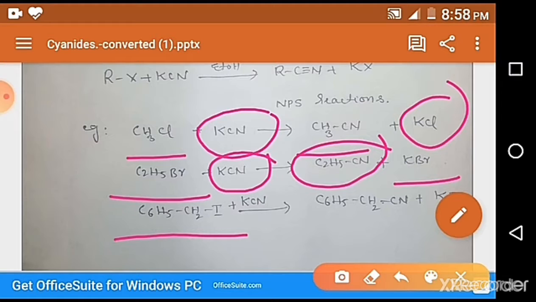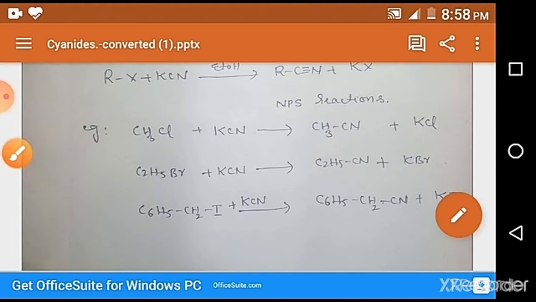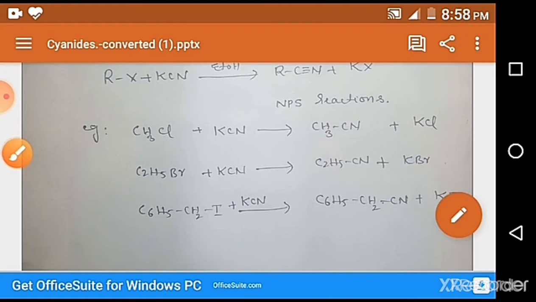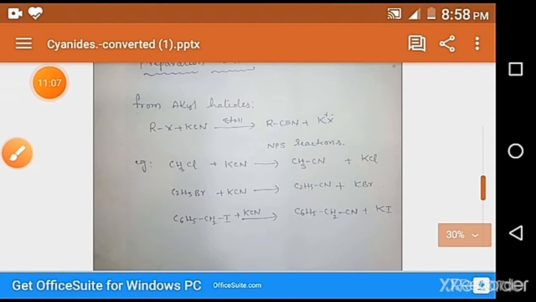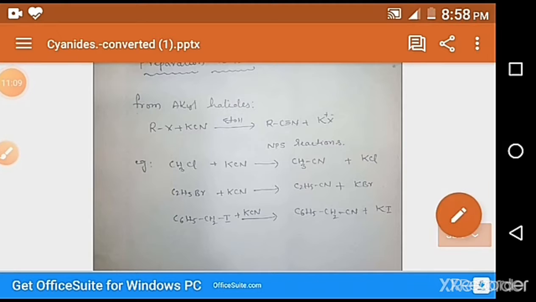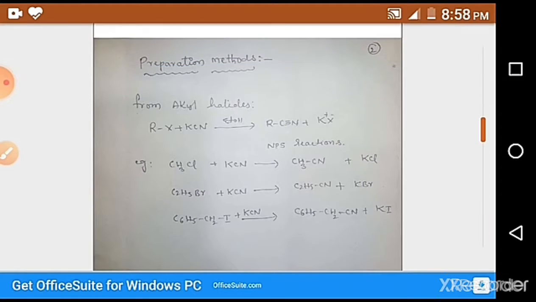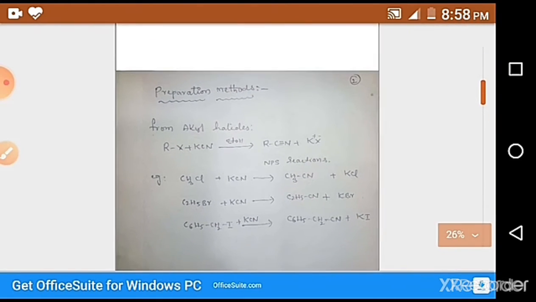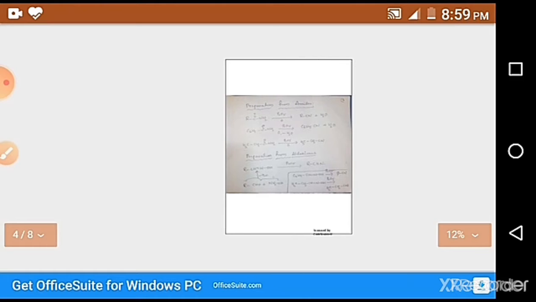When benzyl iodide reacts with potassium cyanide, it gives benzyl cyanide, phenyl acetonitrile. This is one method of preparation: alkyl halides, when they react with potassium cyanide or sodium cyanide, give the corresponding cyanides. Next slide.